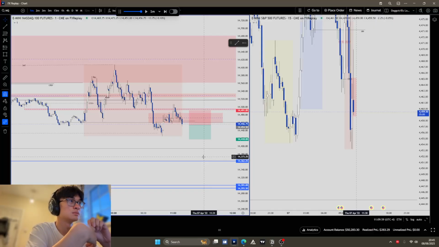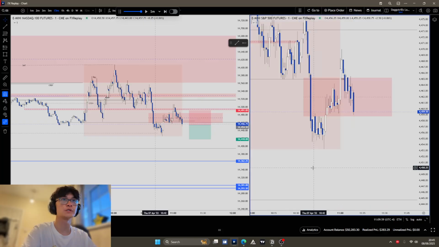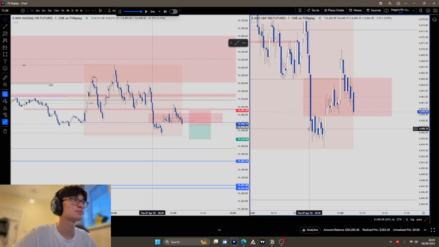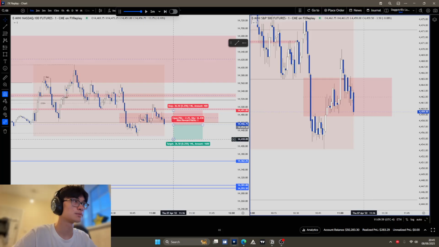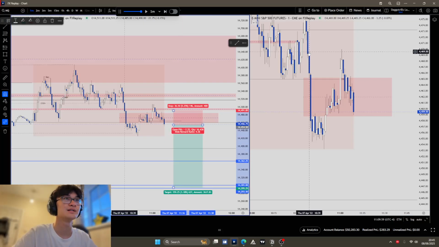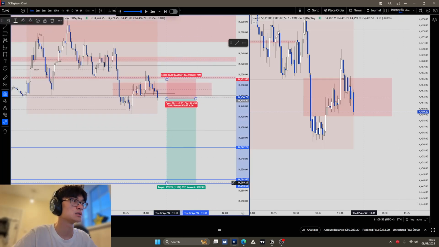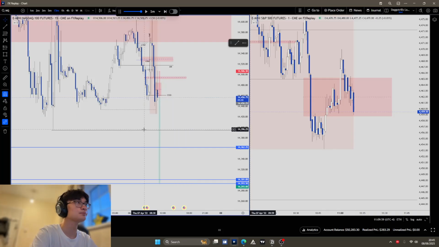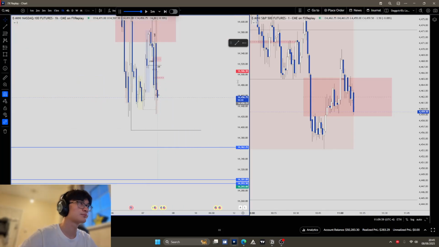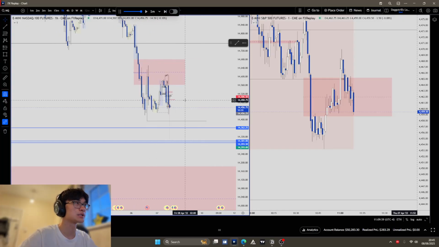Which one's weaker? NQ is definitely weaker, because it got to this fair value gap. ES got to this fair value gap, NQ didn't. So, targeting this now. However, this could just be a no trade day, because hourly looks bad.